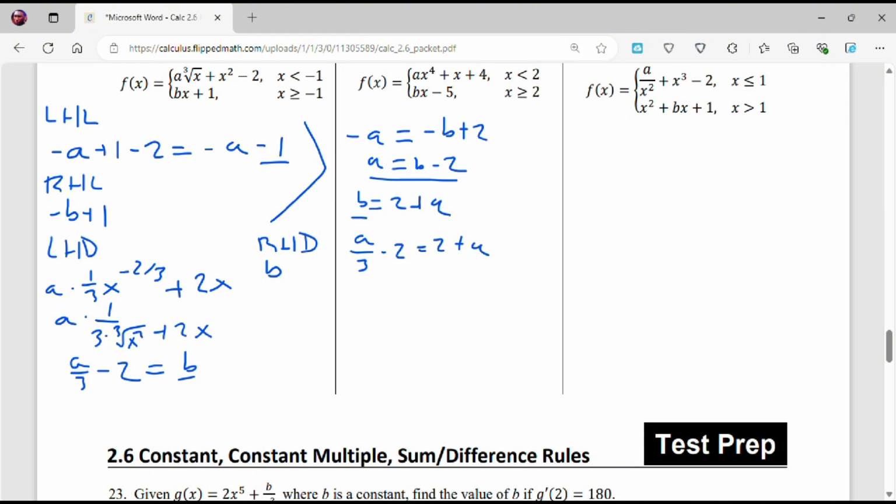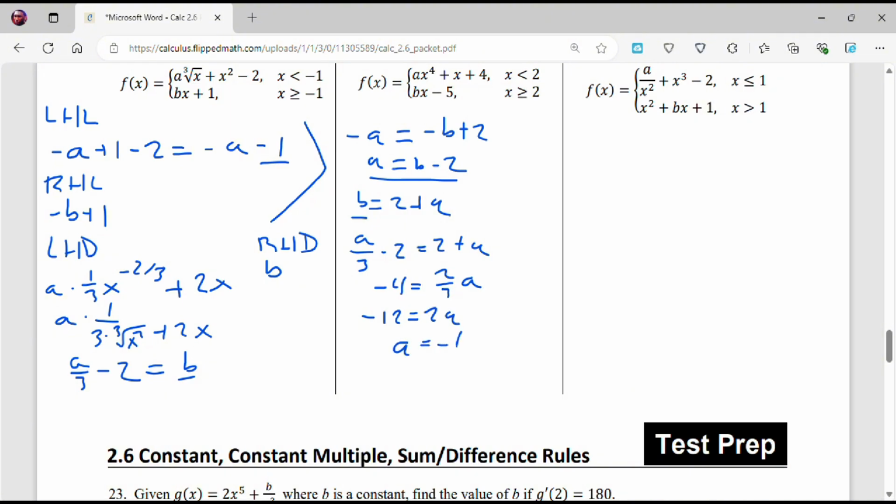Bring that 2 to the -2 side. So -2 minus 2 is -4. a minus a/3 is 2/3 a. Okay, times 3 on both sides to get rid of the fraction. Negative 12 equals 2a.